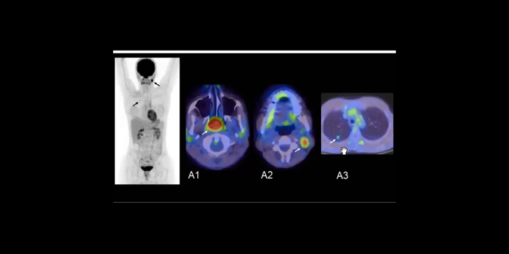This is a young female patient, with a known biopsy, pathological tumor, and this patient did biopsy, and she took chemotherapy and radiotherapy, but refused to have the surgery, which is radical neck dissection.